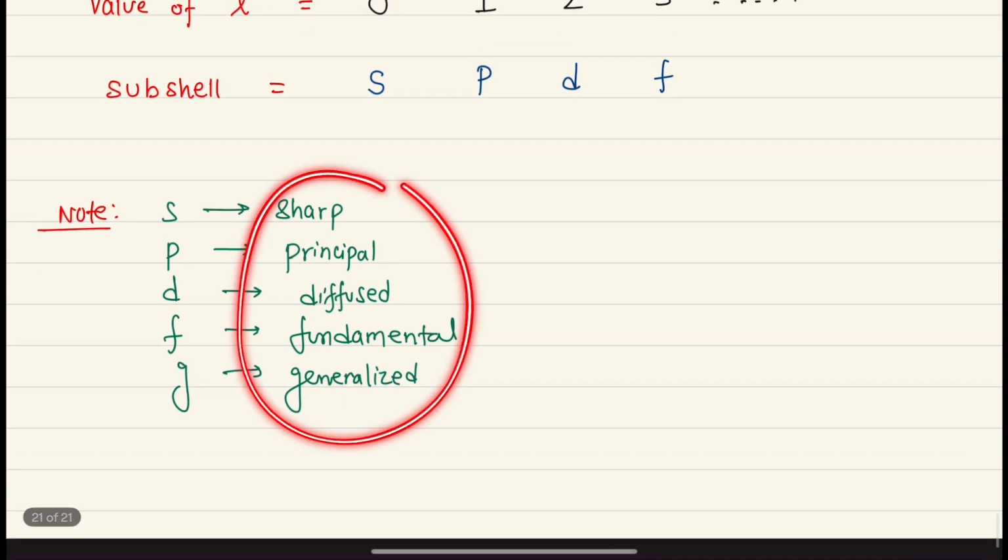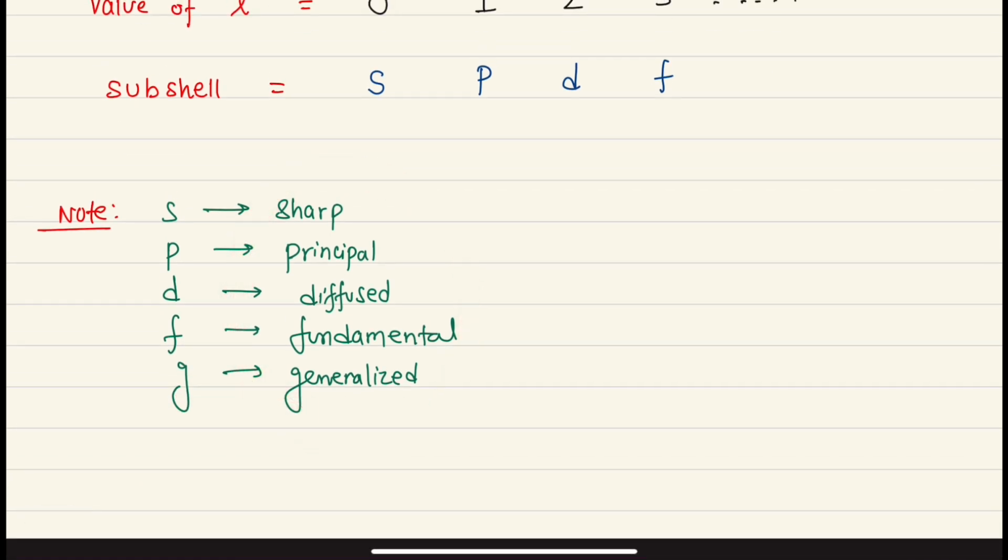And all these names came from spectroscopic study. Understood? We will not go into spectroscopic study now because this is a course of Introduction to Organic Chemistry.